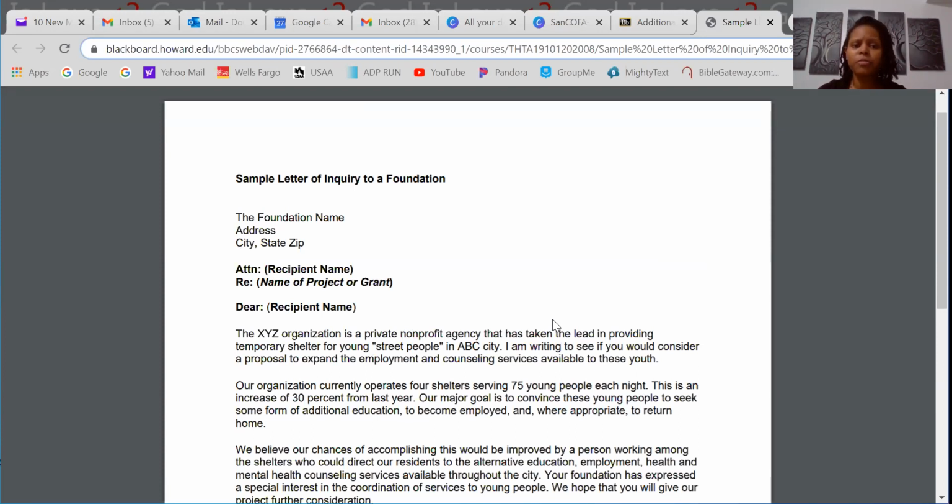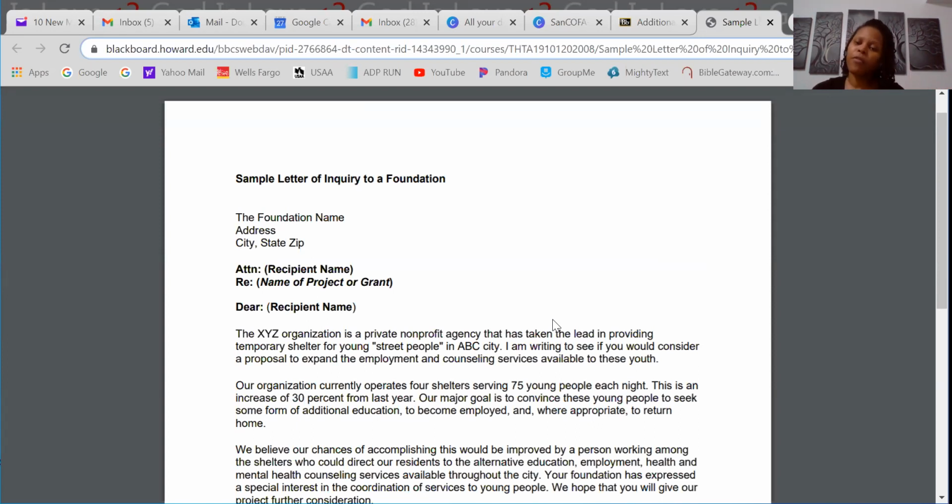As you see here, they list their foundation's name, information, and address, and then they decide to put the attention line. Here, they put the name of the project or grant topic or title for which they're applying, and then they go right into dear such and such.